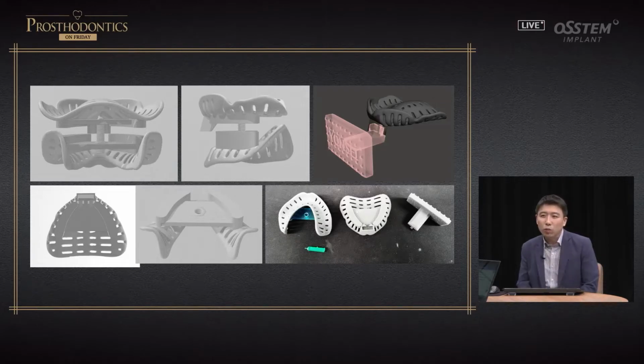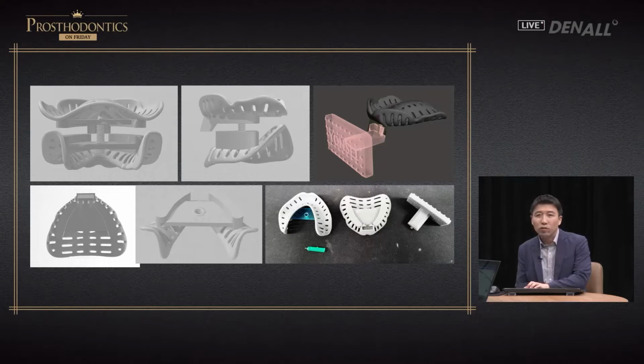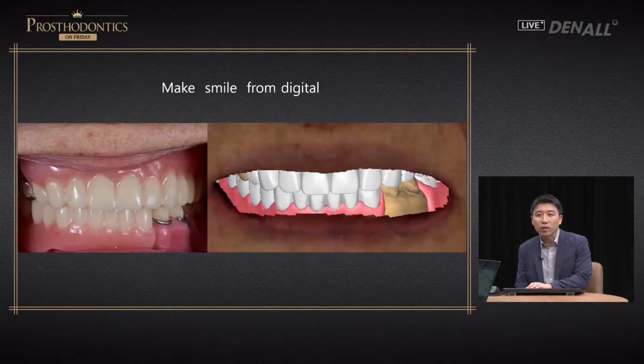In edentulous patients, you can also use facial scan data at the same time. At the final stage, you can go through the try-in phase to check if it's really accurate, but you can really reduce the amount of effort that is required.